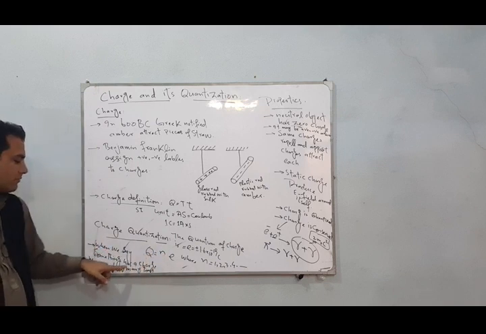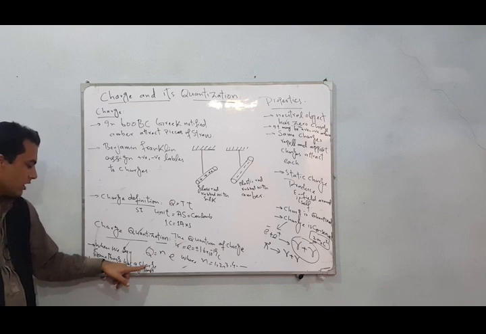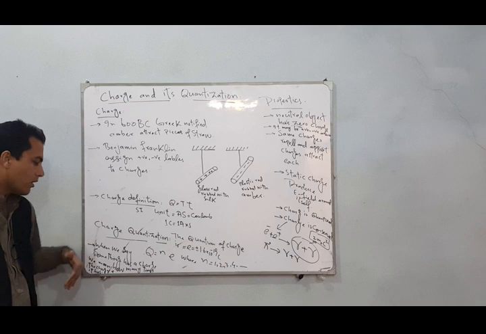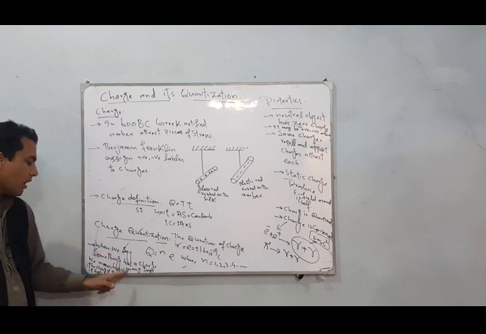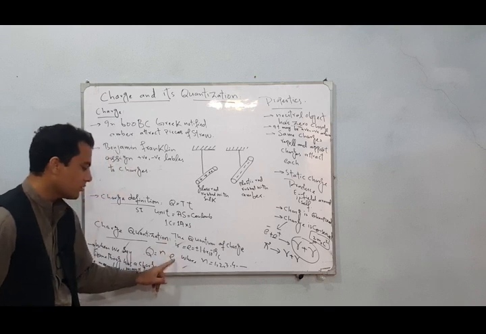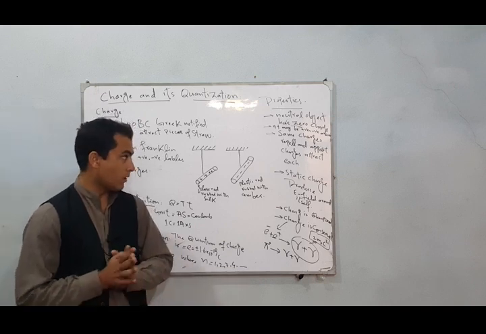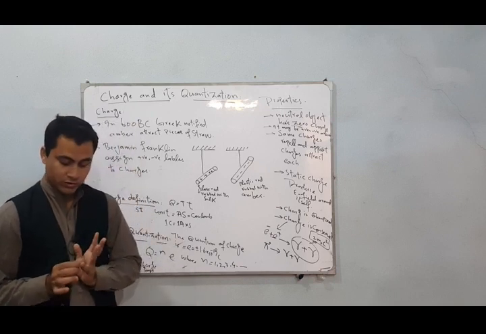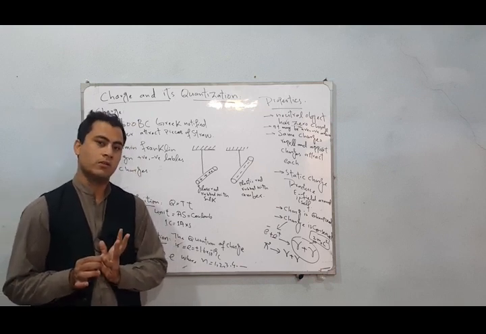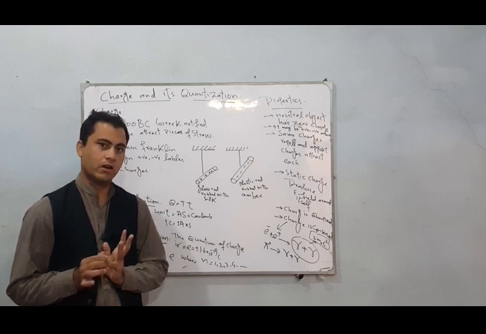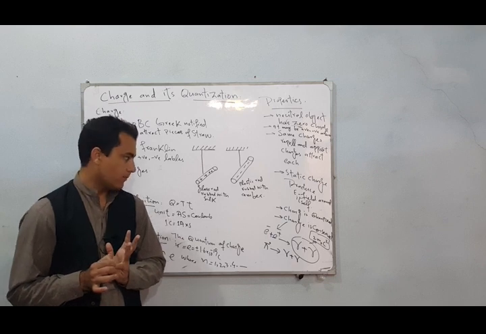When we say something has a charge, it means charge q = n e, where n may be 1, 2, 3, 4, 5, 6. So charge is always transferred in discrete, quantum form and not in continuous form.